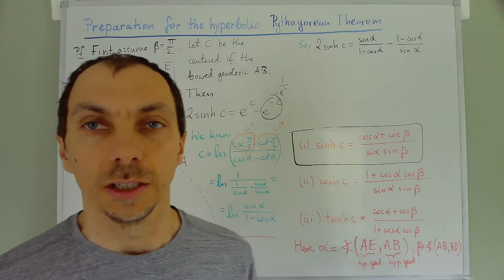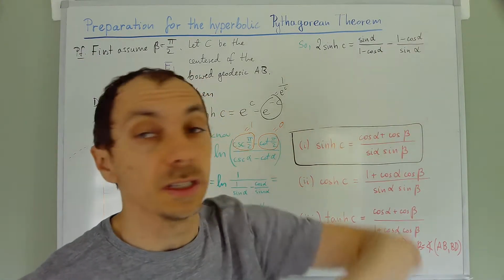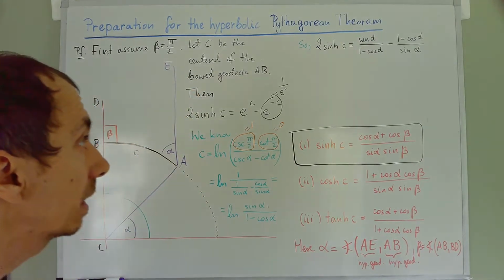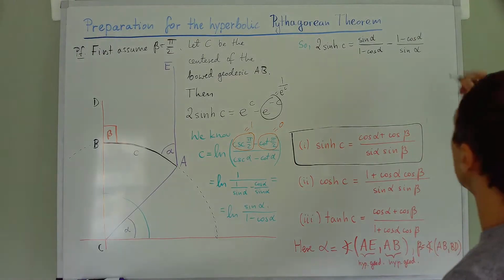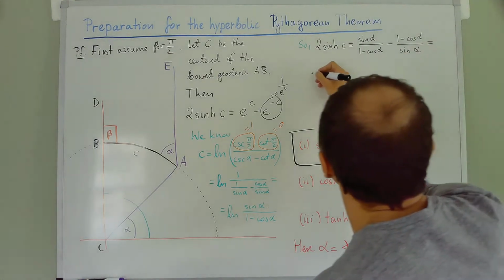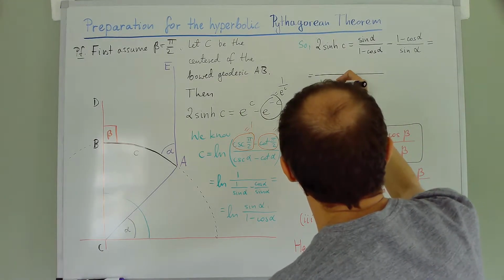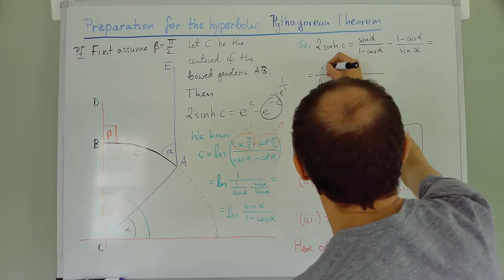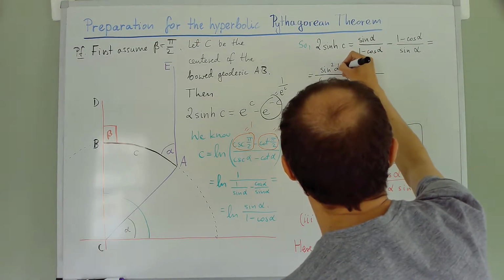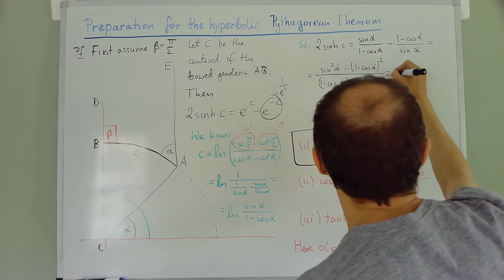Now this already gives you some expression for sinh C in terms of just this angle alpha. But let's actually get it in a slightly nicer form. It's just algebra and trigonometry. 1 minus cosine alpha, sine alpha will be a common denominator, so then here I get sine squared alpha minus, and here I get 1 minus cosine alpha squared.